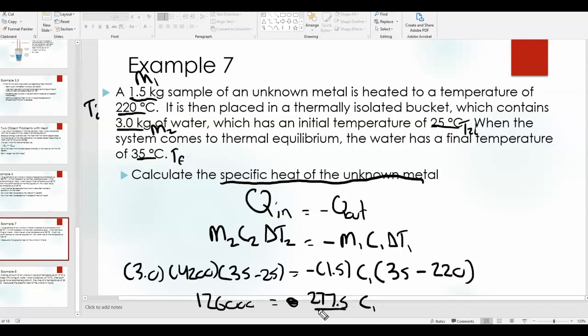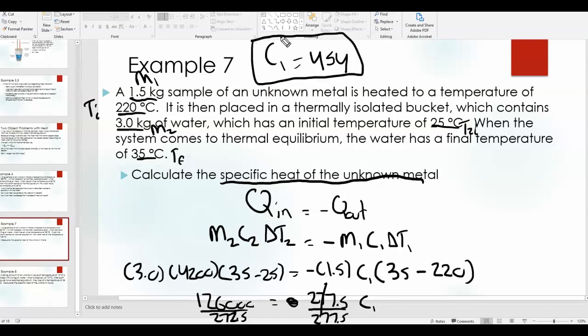So if I divide both sides by 277.5, I get C1 equals 126,000 divided by 277.5. I get 454 is my value for C. Keep in mind, C is always a positive value. You can't have negative specific heat.